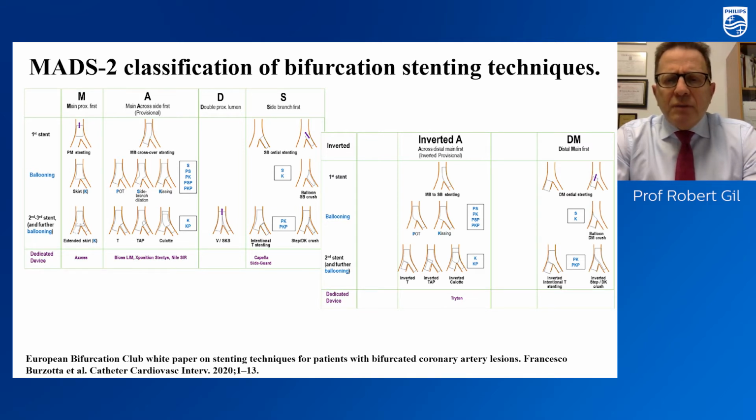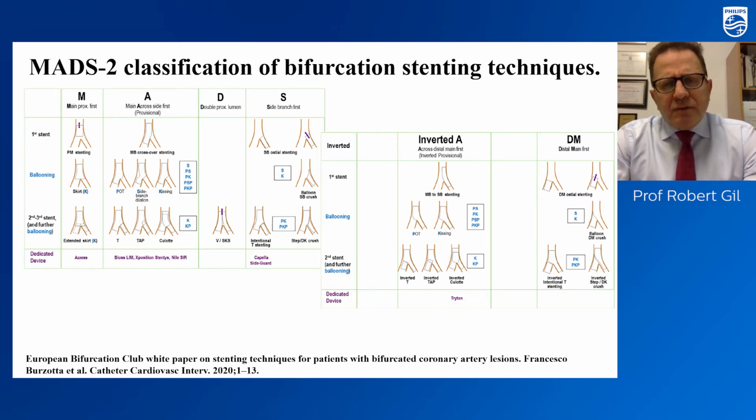What is very important is that, contrary to the previous proposal, this is much more detailed, based on scientific background, showing also additional maneuvers, additional steps which should be implemented beyond the moment of simple stent implantation.